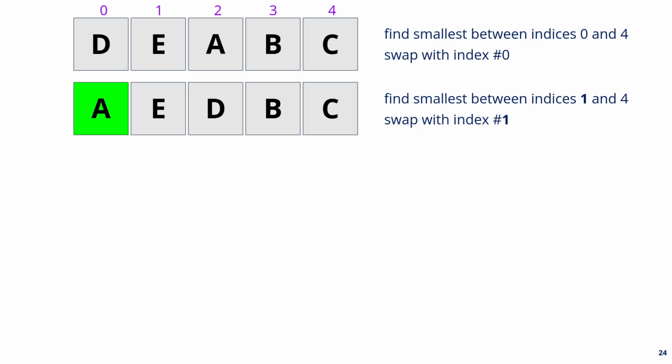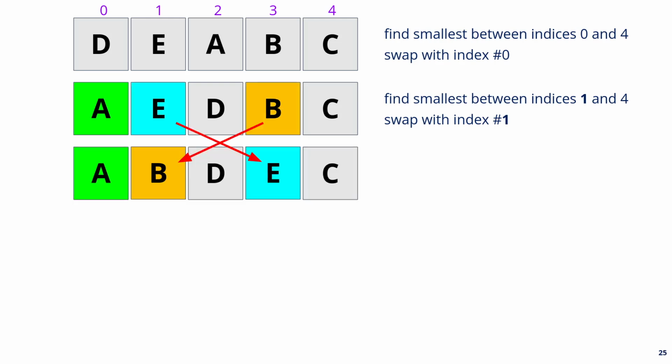The smallest starting at index 1 is B. B's index is 3, so this SI is 3. Swap element 3 with element 1, because I want the B to be in that place. I'll do one more.